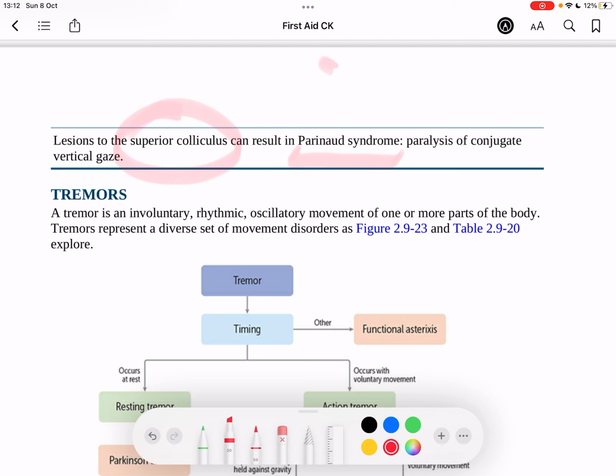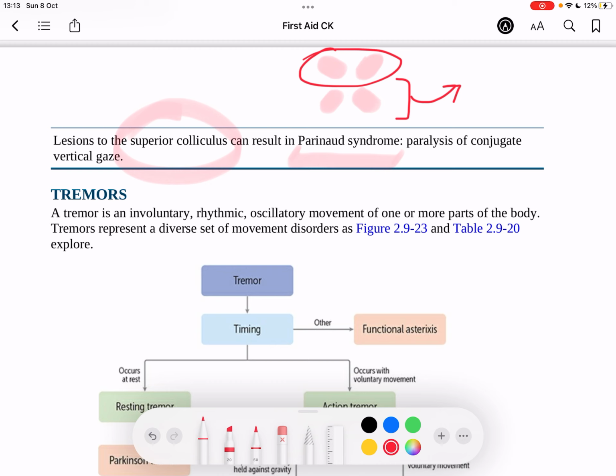So the superior colliculi are two components of the posterior dorsal midbrain, and then we have the inferior colliculus as well. The inferior colliculus is based usually on hearing and the vestibular system. So they are usually going to be coordinating things like hearing and the vestibular network. The superior colliculus, though, is going to be controlling mainly vertical gaze.